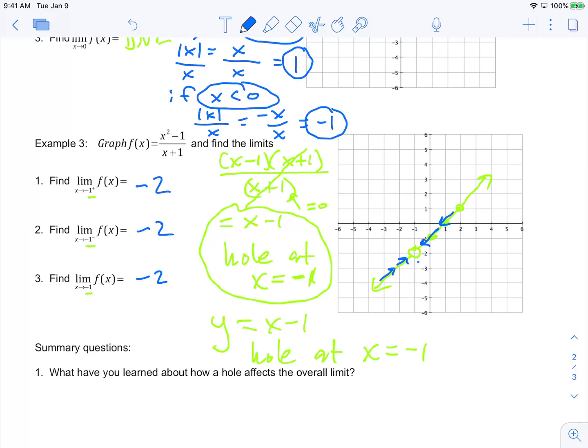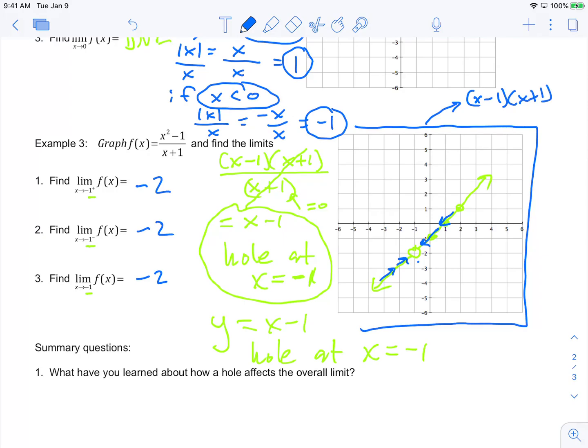Now, what's the other option? Well, after you factor and cancel, notice originally you could not plug in -1, because if you were to plug in -1 in the denominator, you get 0. You can't do that, right? But after you factor and cancel, so let me repeat that step. The x plus 1's cancel out, you just get x minus 1.